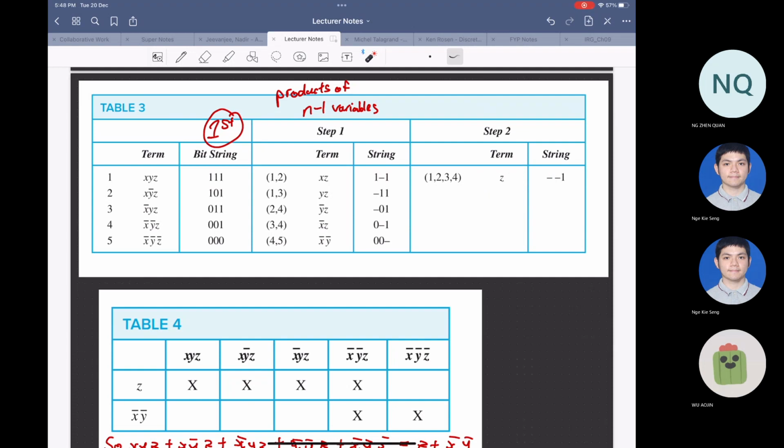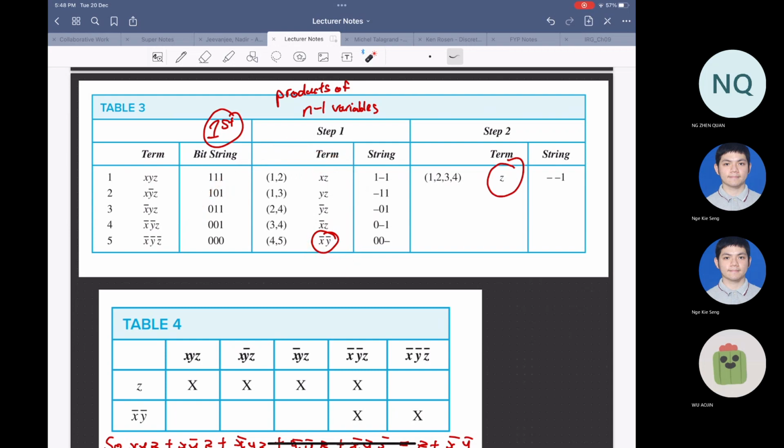Next, you need to combine all the products that you haven't used to form a Boolean product. For example, this one you haven't used, and this one you haven't used. These 4 you already used to produce the Z here, and these 5 are used to produce 5 of them here.